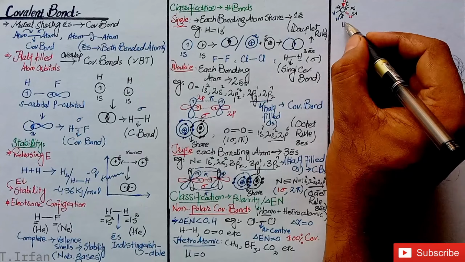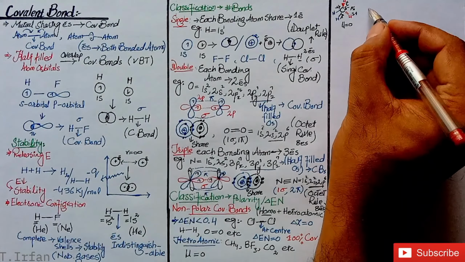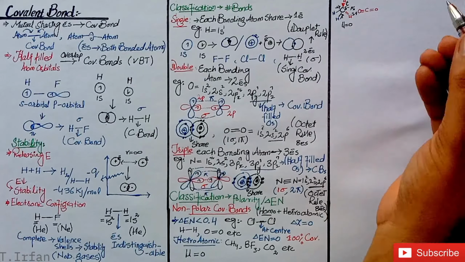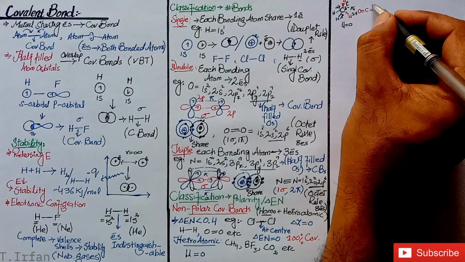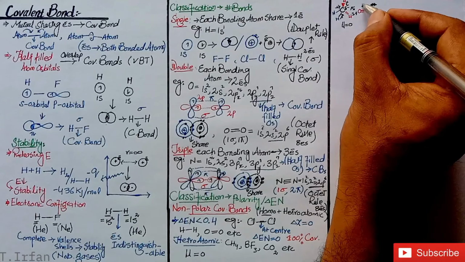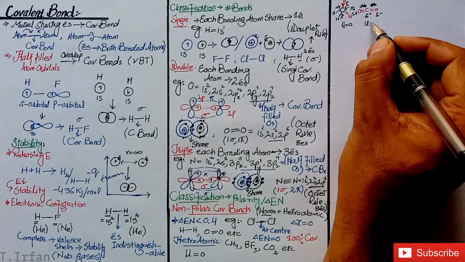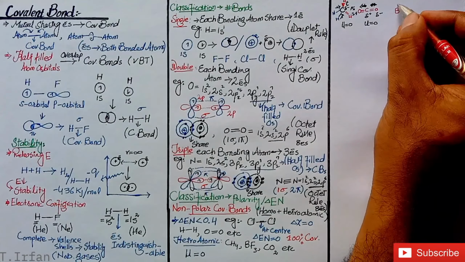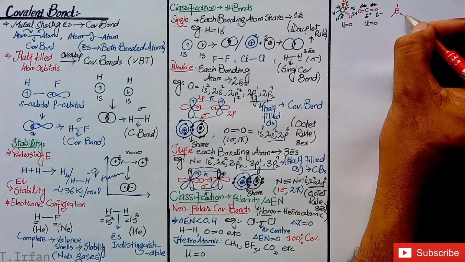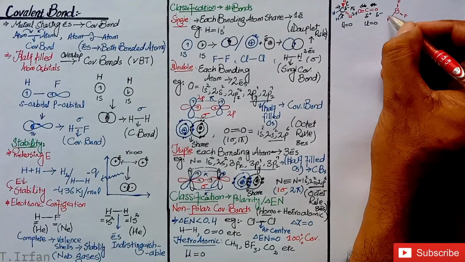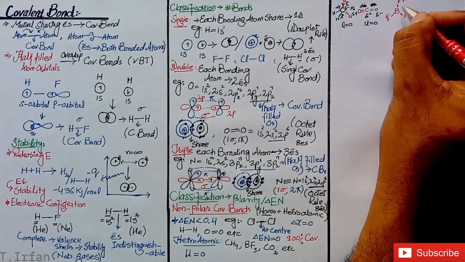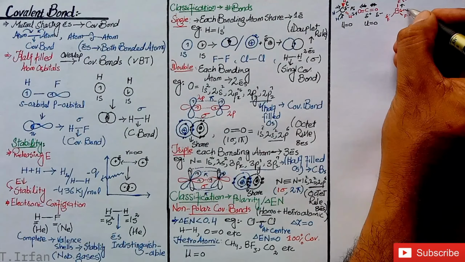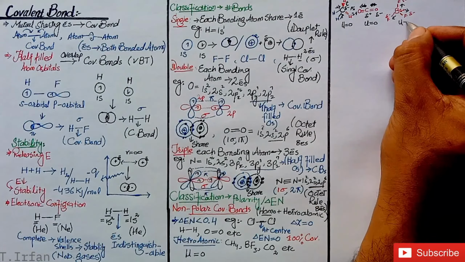And in the case of carbon dioxide, the bonds are polar, but this molecule is also considered non-polar as it has net dipole moment 0. And in BF3, the bonds are also polar as the atoms have different electronegativity, but the resultant dipole is 0. So this molecule is also considered non-polar.